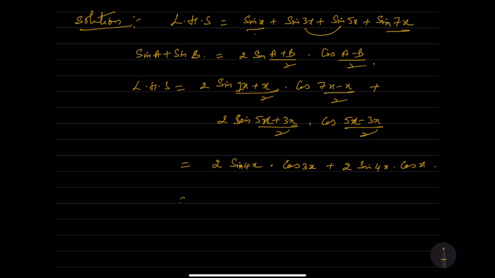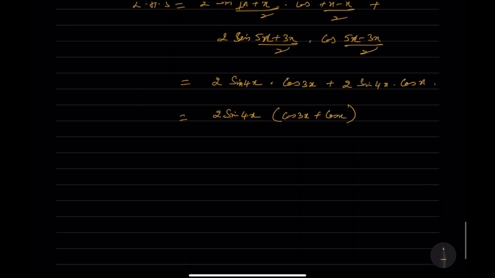So if you are taking out 2 sin 4x common, you are getting inside as cos 3x plus cos x. So now again using here cos a plus cos b is equal to 2 cos a plus b by 2 into cos a minus b by 2.